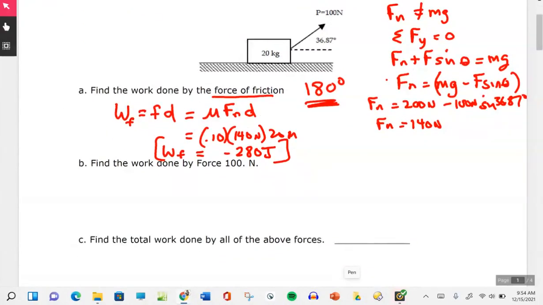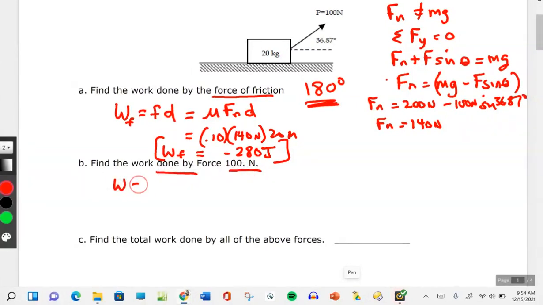What's the work done by the 100 Newton force? Well, the 100 Newton force acts at an angle, so it's the F applied times cosine of the angle given.